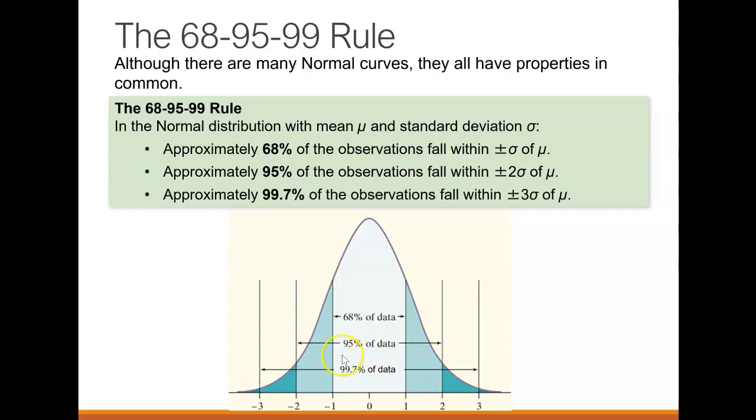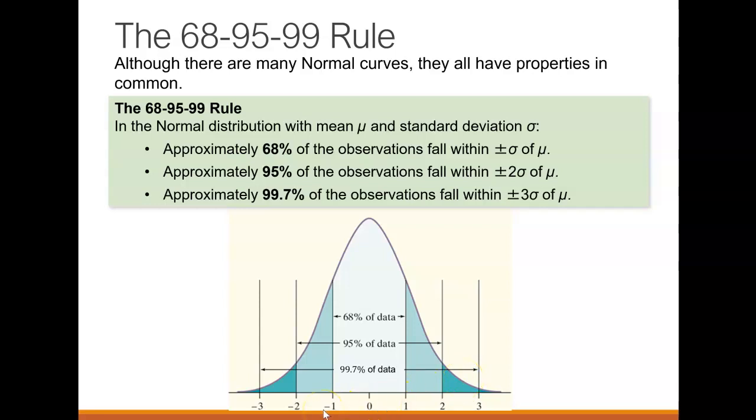And then the last 99.7 is within 3 standard deviations of the mean. So again, the difference between 95 and 99.7 is 4.7. So that means there's like 2.35 here and 2.35 here. Everybody's okay with that?